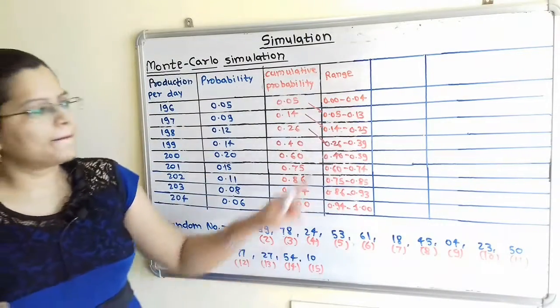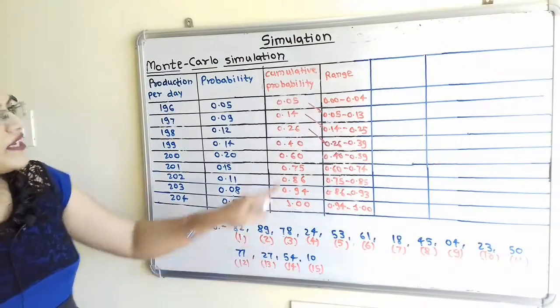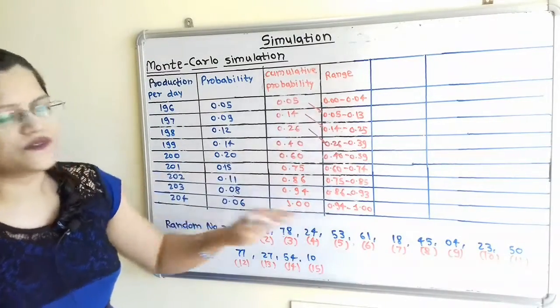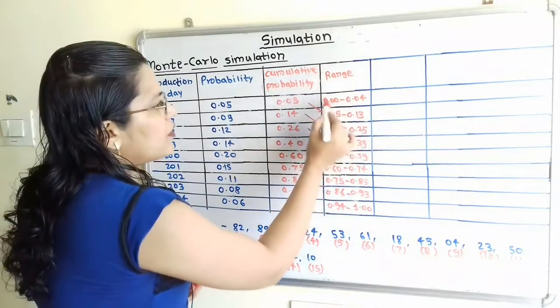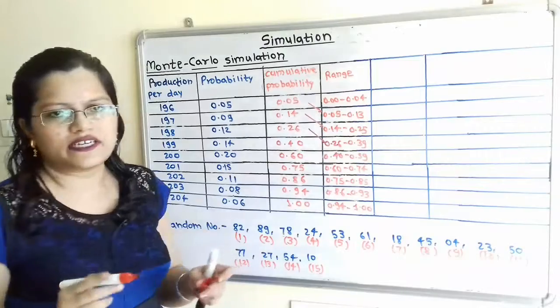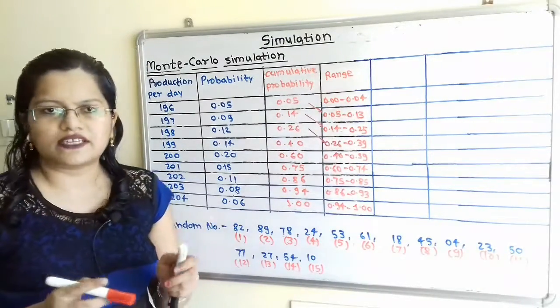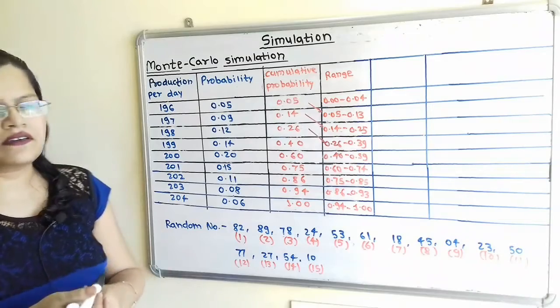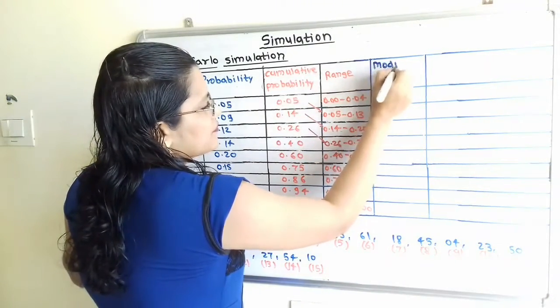Now if we compare this range with the given random numbers, then we have to fit these random numbers to this range. So we have to multiply all these numbers by 100, then only we can fit the given random numbers within that range. So we will make one more column for the modified range.